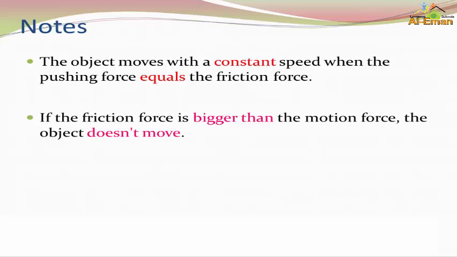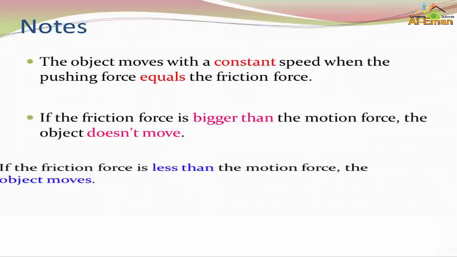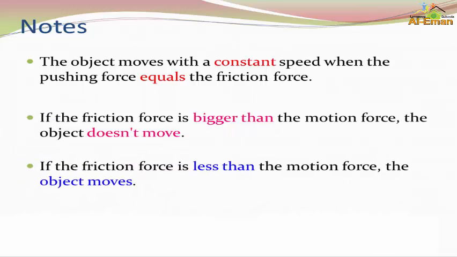Number 2, if the friction force is bigger than the motion force, the object doesn't move. Number 3, if the friction force is less than the motion force, the object moves. Okay?